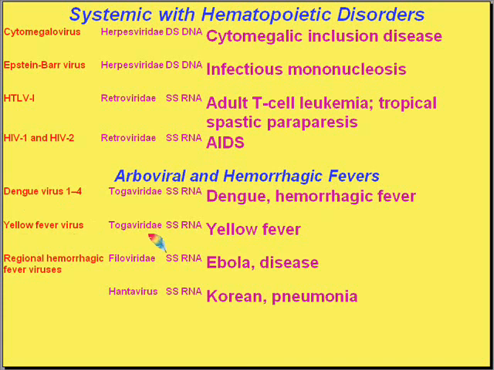Yellow fever, a very serious virus. These are all generally very serious diseases. Dengue has a relatively low mortality, but these are all potentially fatal viruses by virtue of the fact they cause hemorrhagic fevers. And you may have heard of the horrific Ebola disease. These are all arthropod-borne viruses.